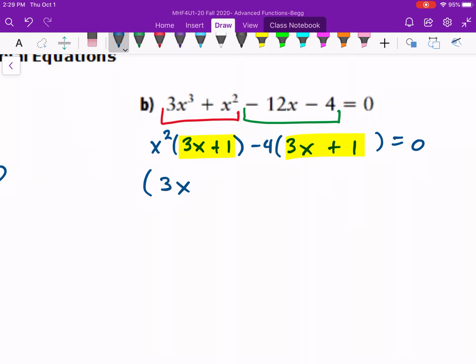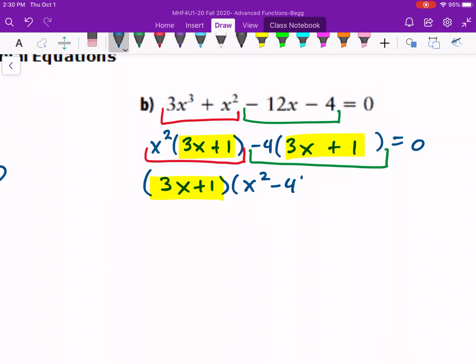So in other words, imagine that this is a whole unit and this is another whole unit, and I'm going to take the 3x plus 1 out of both the red unit and the green unit, so it's become my common factor, and what I'm left with now is x squared minus 4.